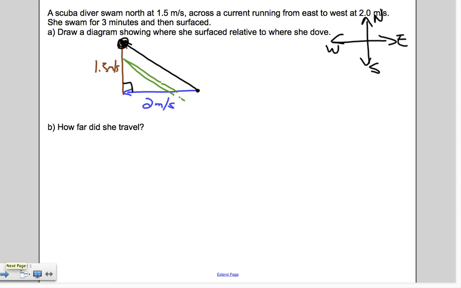That's why these questions will only be straight north-south, east-west, because those meet at a 90-degree angle. It'll be a lot harder once you deal with not-so-straightforward, non-90-degree angle stuff. So how do we answer the question of how far did she travel?